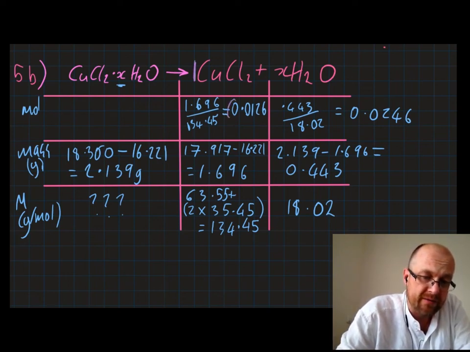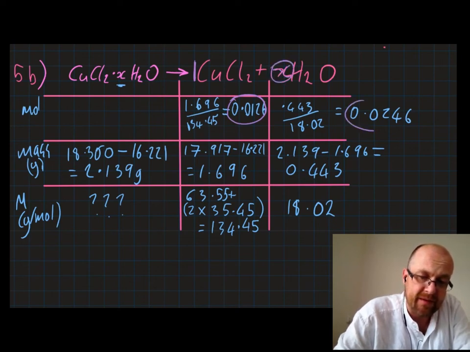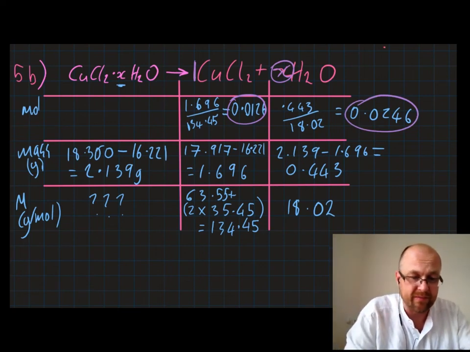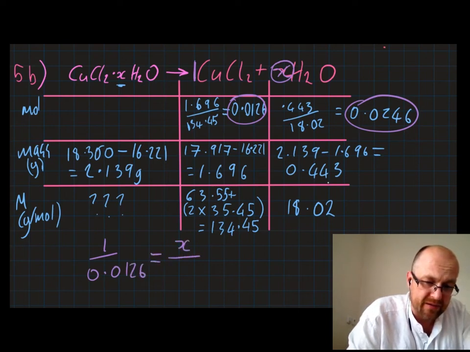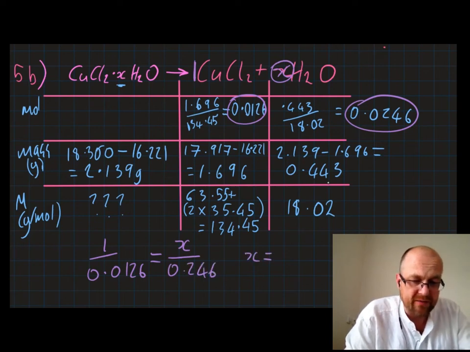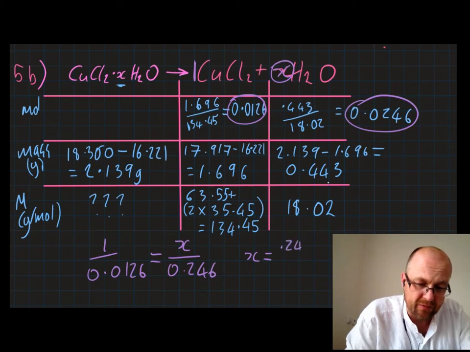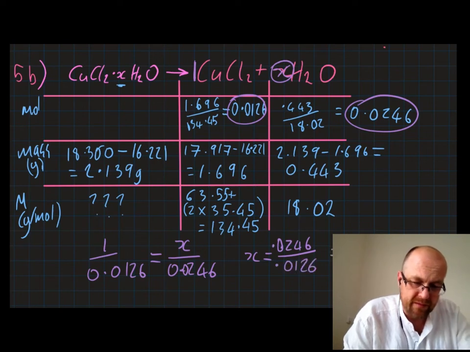1 is to that as x is to that, and I can just solve for x. So 1 is to 0.0126 as x is to 0.0246. So that gives me x equals 0.0246 over 0.0126.